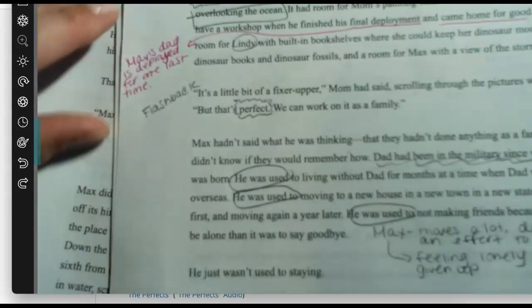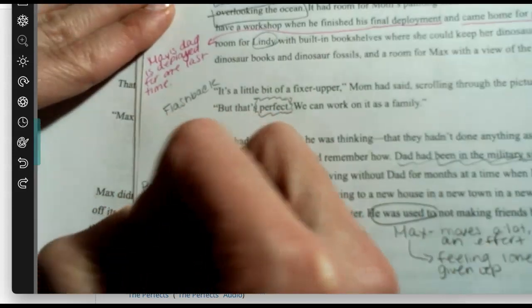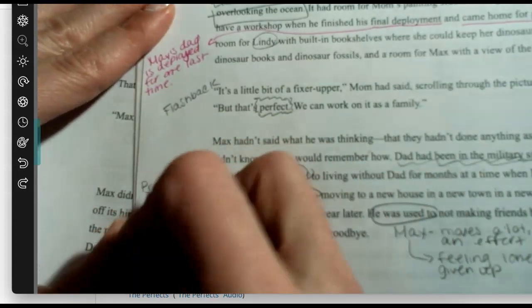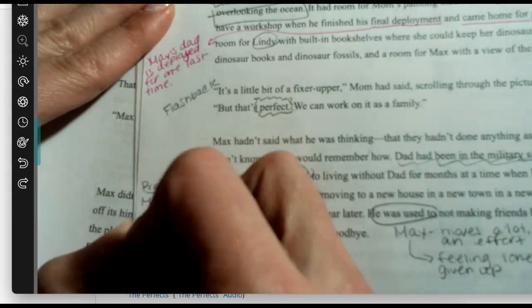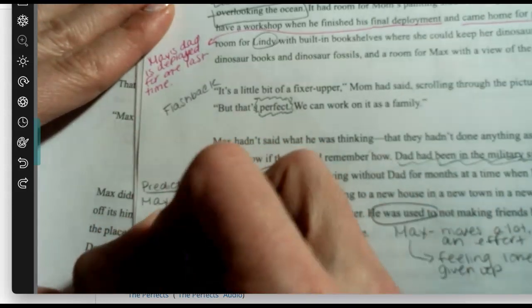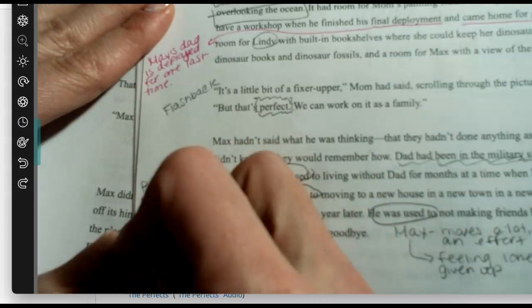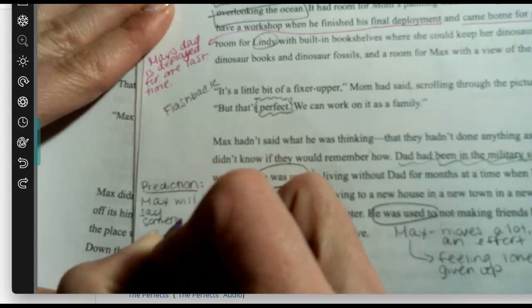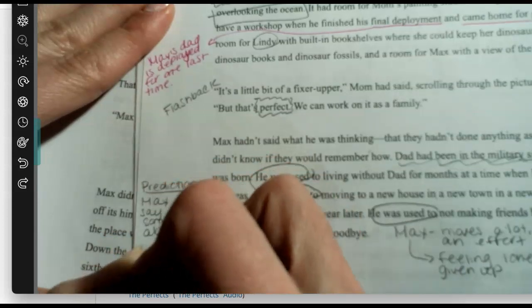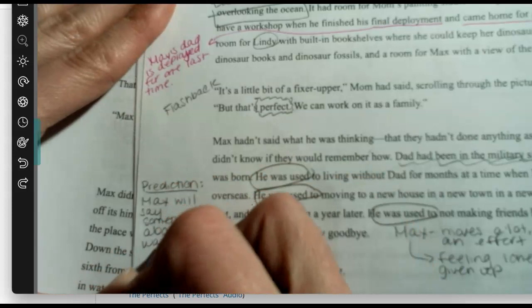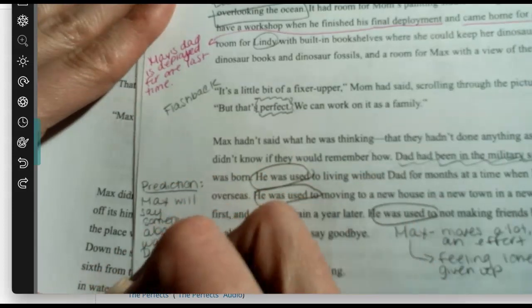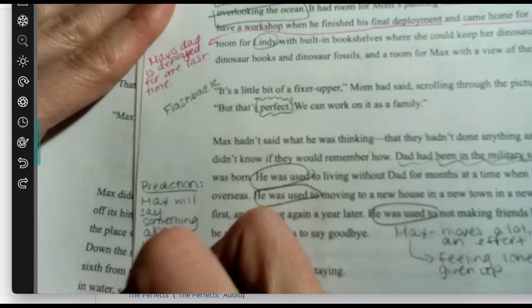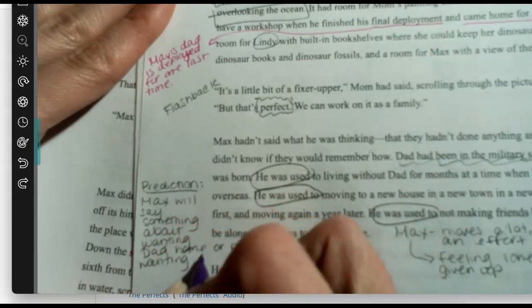I'm going to make a prediction over here right now, and you guys can do the same thing. You can make your own prediction, but I'm going to predict that Max will maybe say something about wanting Dad home or not wanting to move.